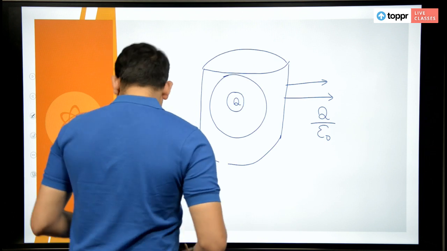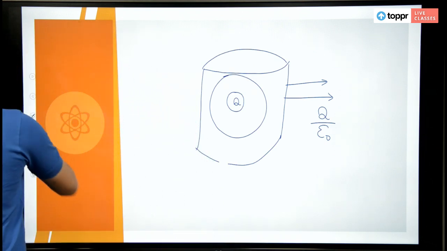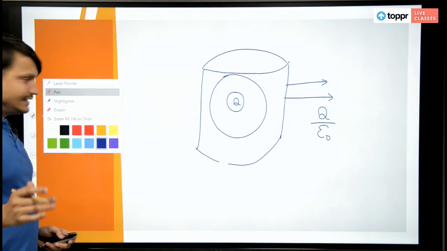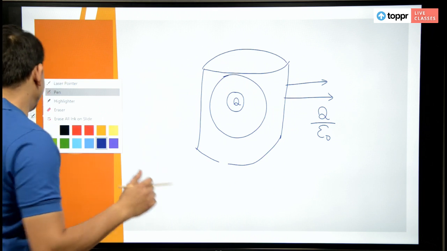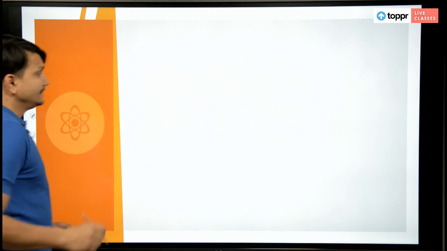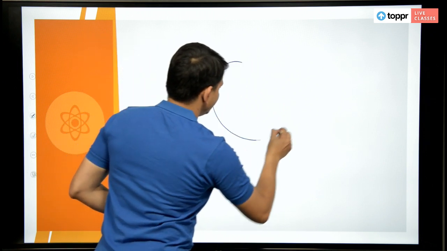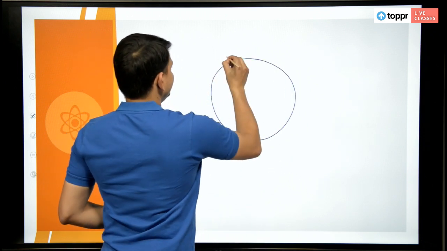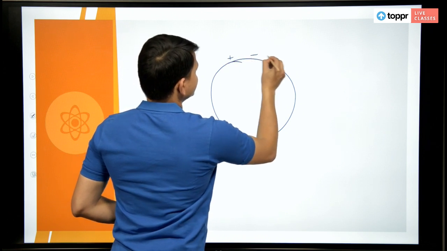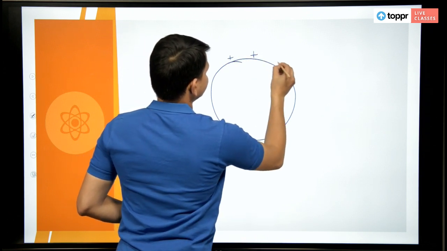So now consider the spherical shell that I just discussed. If you have a spherical shell on which some charge is distributed somehow like this.